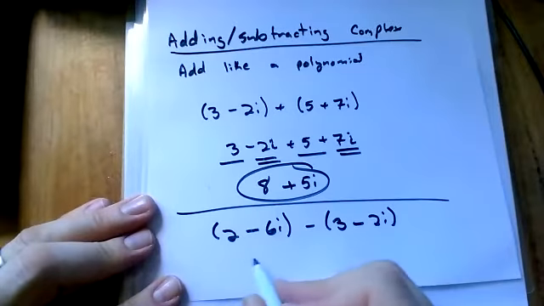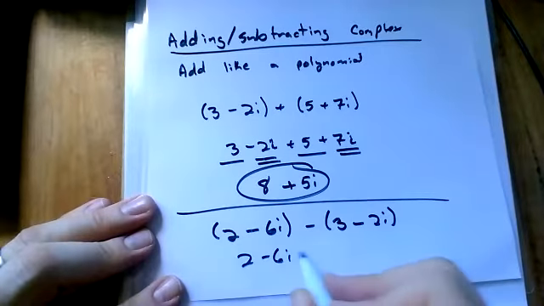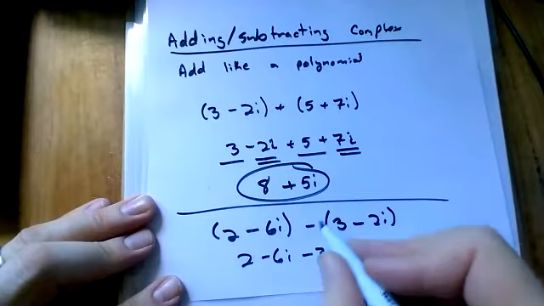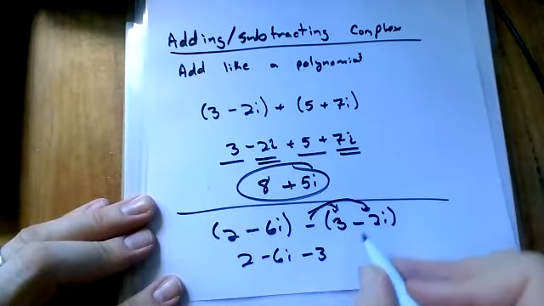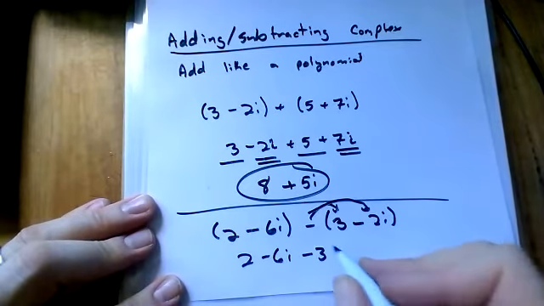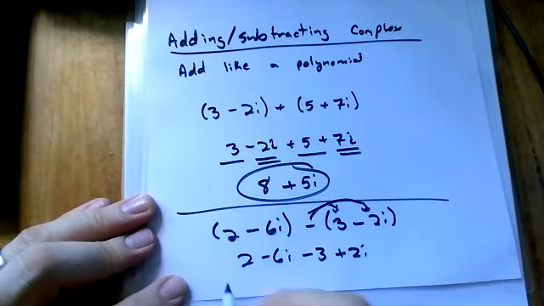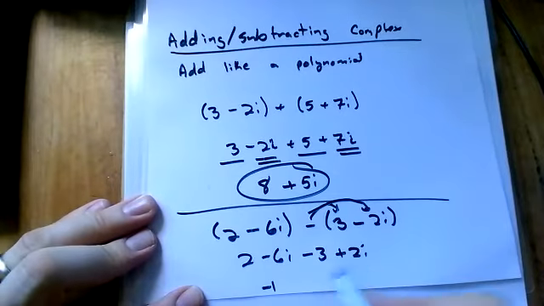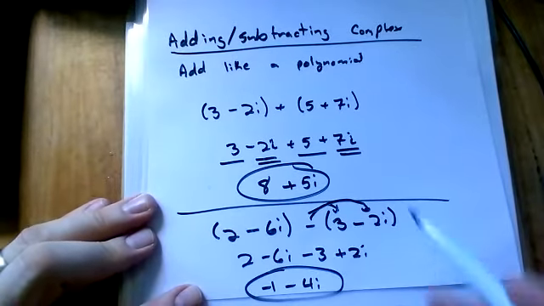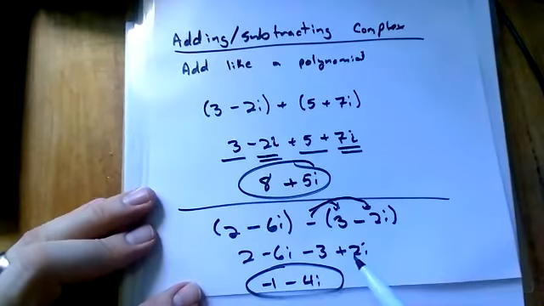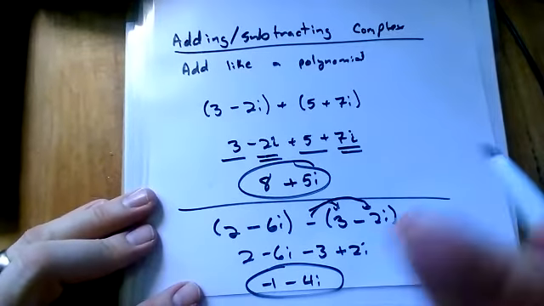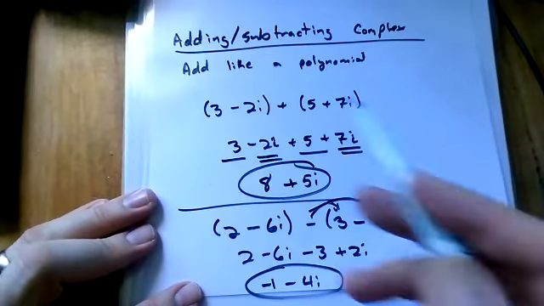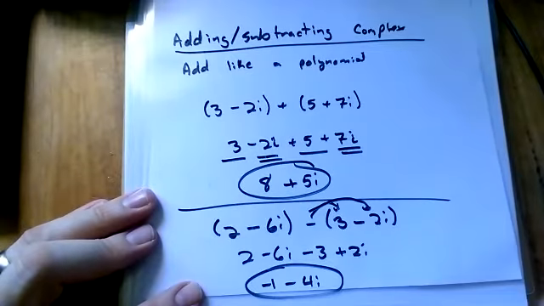Well, this is going to be 2 minus 6i minus 3, and because we're distributing that negative, plus 2i. So this is going to end up being negative 1 minus 4i, and we're done. So adding or subtracting complex numbers is quite straightforward. We're just going to add these like a polynomial.